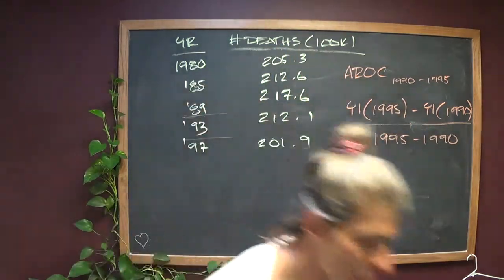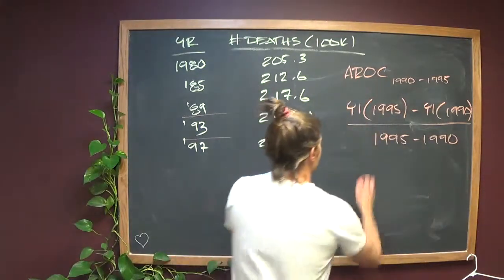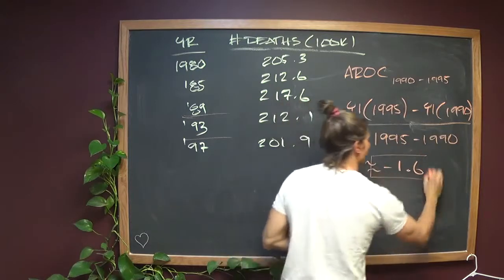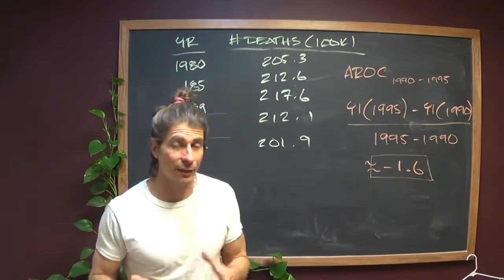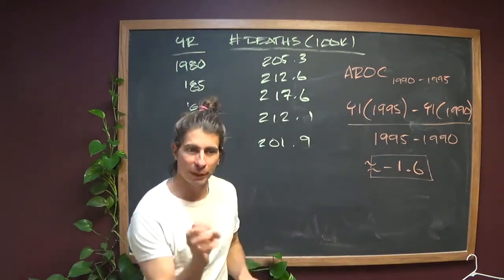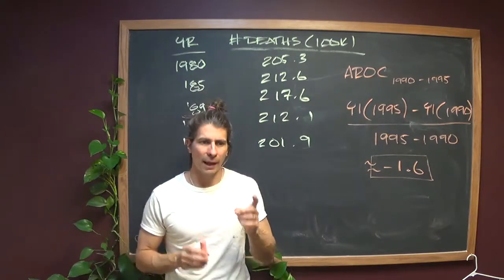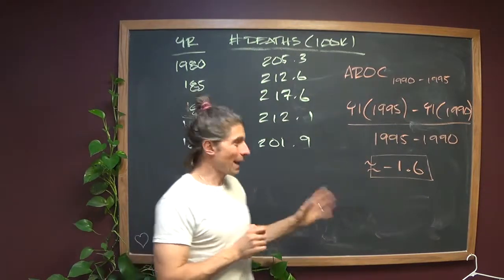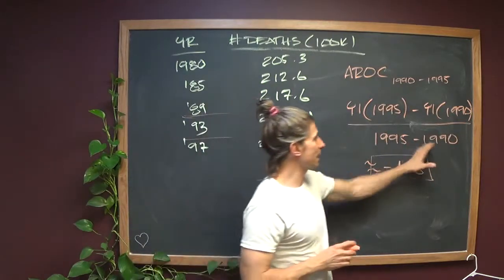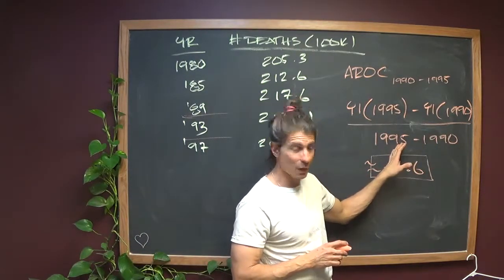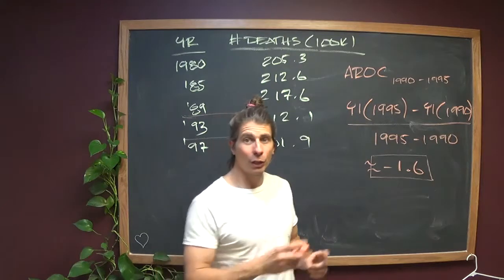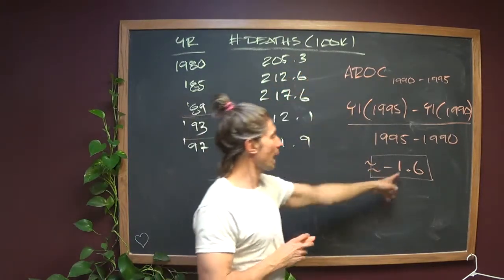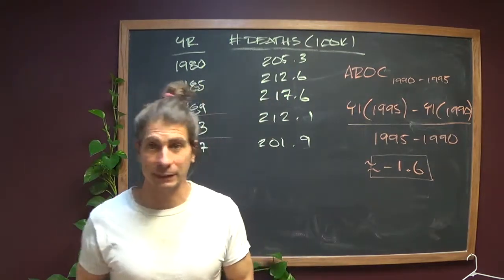When you analyze that, I got about negative 1.6, which doesn't tell you a great deal by itself. That's why I said explain what it is, and what it is on average from 1990 to 1995. Per year, the number of cancer deaths per 100,000 men dropped about 1.6.